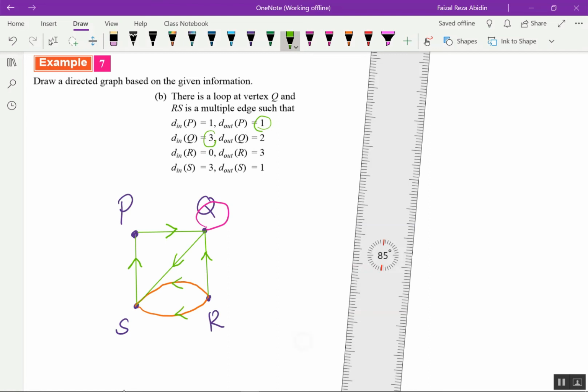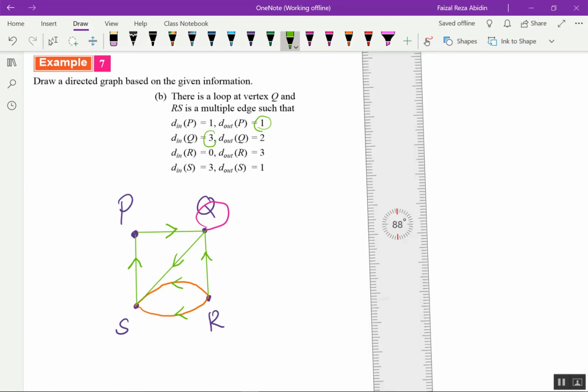Okay, this one is considered out 1, out 2, out 3 from the vertex R. Okay, class? Okay, next, the degree in for S is 3. Okay, in 1, 2, 3, correct. Degree out from S is 1 over here. Out from vertex S to vertex P. Okay, class? That's how we draw.